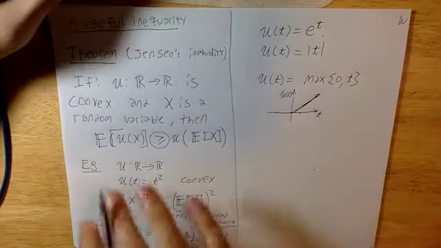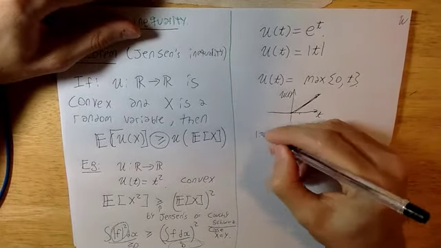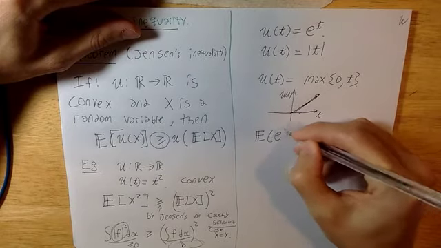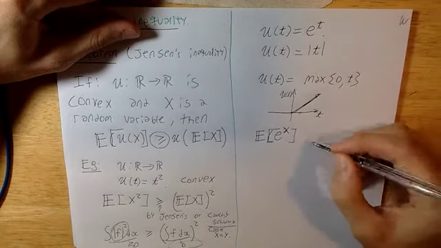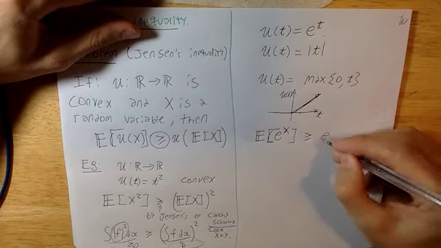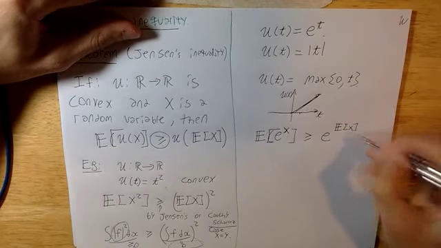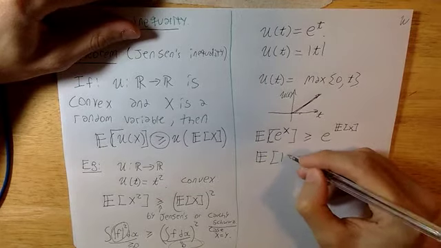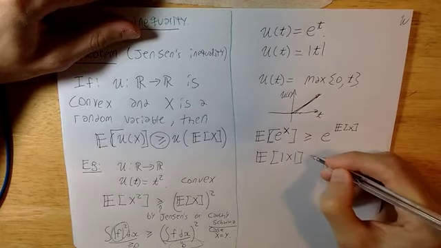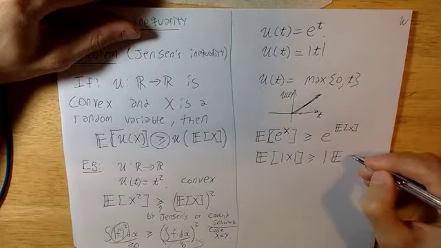And so for all of this, we can apply Jensen's inequality and get that the expectation of e to the x is bigger or equal than e to the expectation of x. And similarly, the expectation of the absolute value of x is bigger or equal than the absolute value of the expectation of x.